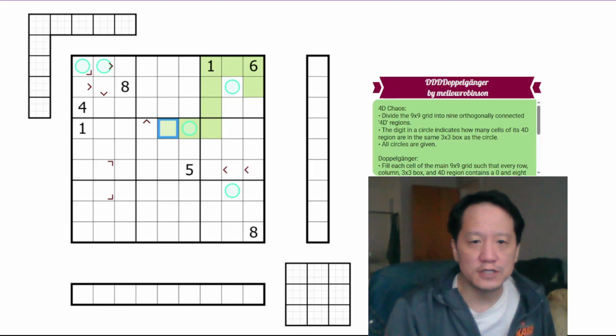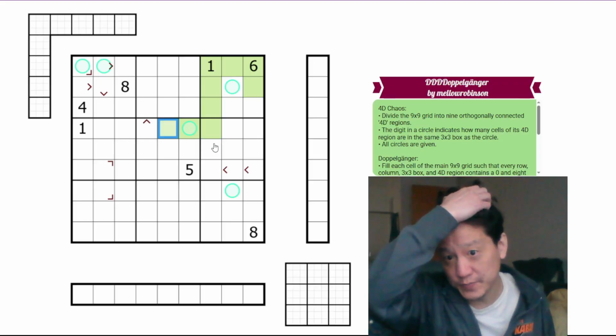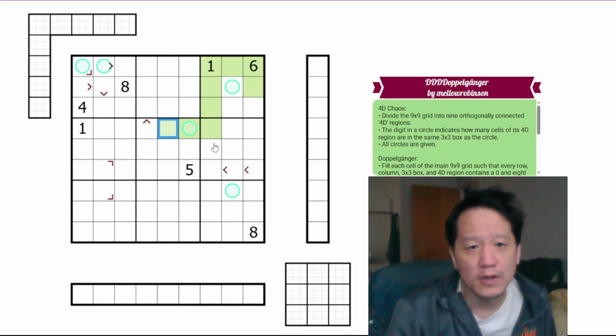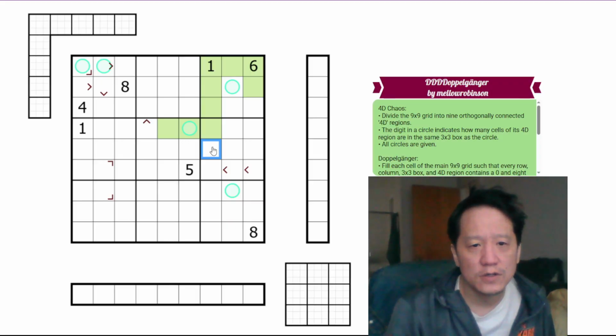The digits in a circle indicate how many cells of its 4D region are in the same 3x3 box as the circle. So say, let's make this essentially... And all circles are given.